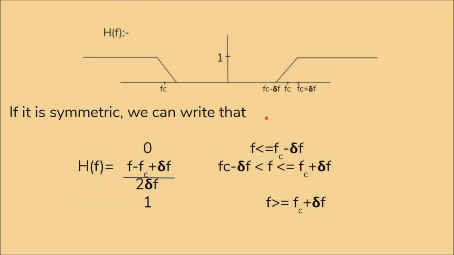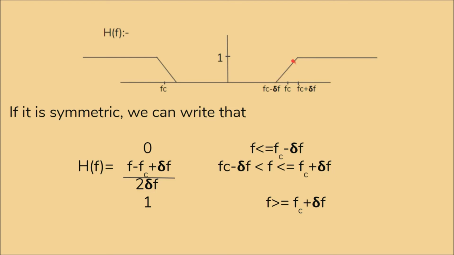If they are symmetric around fc, then by calculating the equation for this line, we can find the frequency response of the filter. We know they are symmetric around fc because the summation of the shifted spectrums has to be equal to 1. So from there we conclude that they should be symmetric around fc.